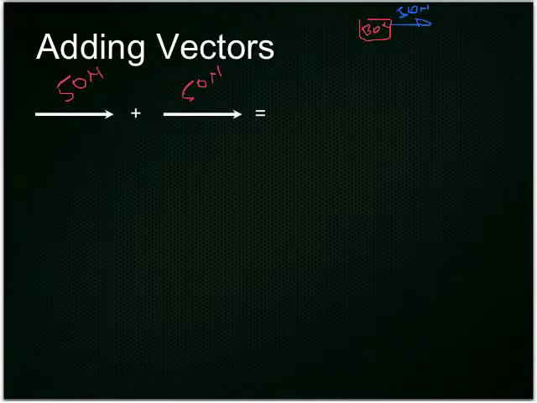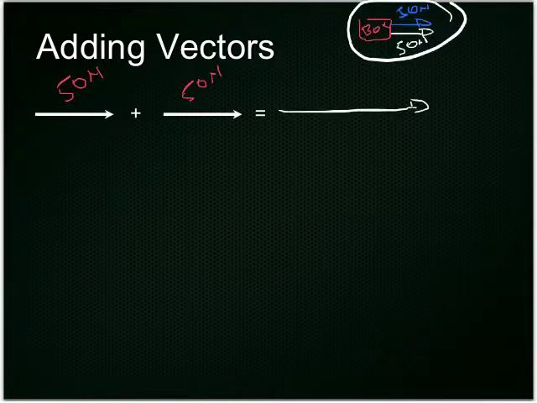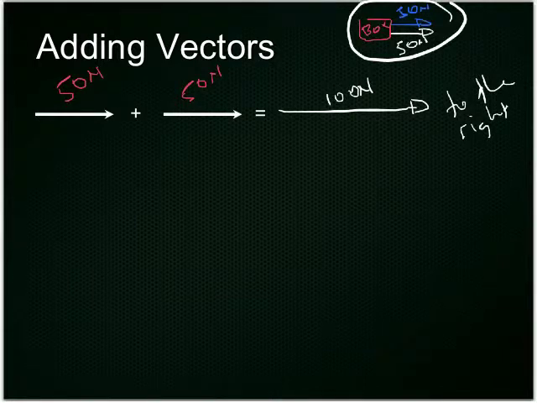And then you also have another person with another rope with 50 newtons. What is the total force and direction? The total force is going to be 100 newtons to the right, as denoted by the direction of the arrow.